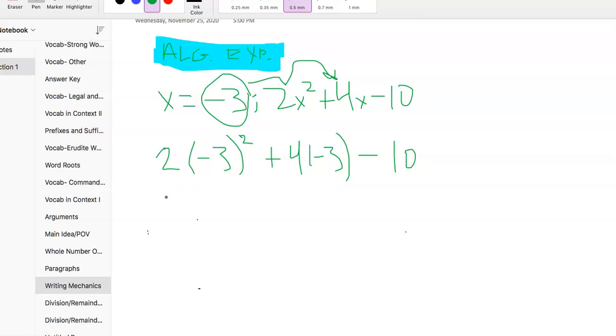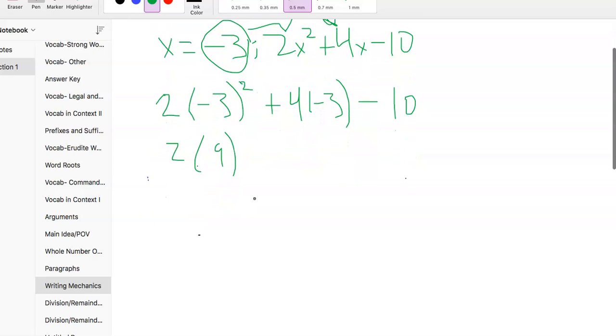Now if we keep going down here, -3 squared is just -3 times -3. That's 9, so that gets rid of that squared. 4 times -3 is -12. Make sure we don't just write it as 12.